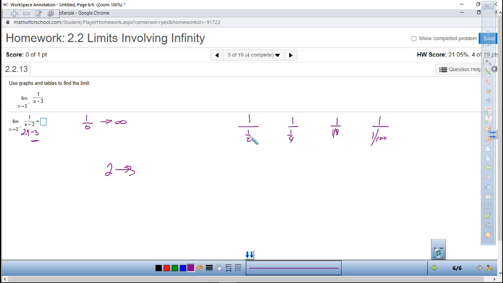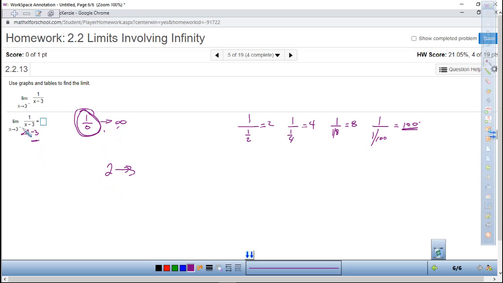And what do we do with these? Well, keep, change, flip: you keep the top, change the operation to multiplication, and flip that over. So this equals 2, this equals 4, this equals 8, and this equals 100. So the smaller the number on the bottom gets, the larger the actual value gets. So as this thing approaches 0, this thing right here approaches infinity.